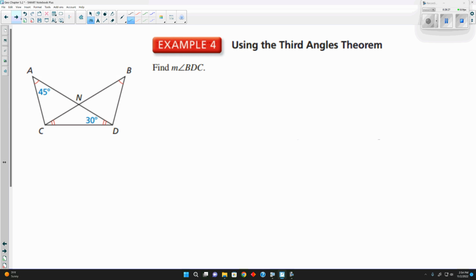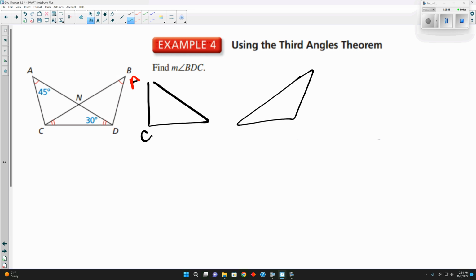Looking at this, for some of these it might be easier to redraw the figures, because it's hard to tell when they're drawn on top of each other. So we can draw two triangles out: A, C, D, and C, D, B. In the figure, angle A is 45 degrees.